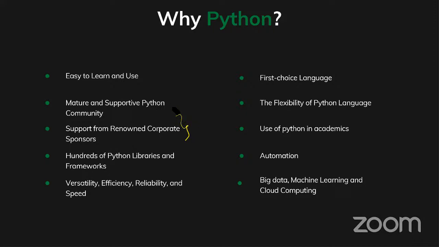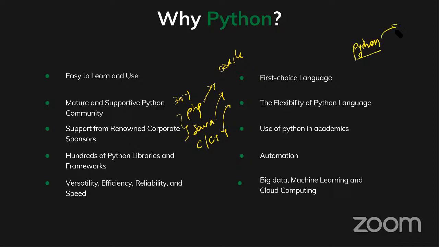Second important thing, apart from it being 30 plus years, it has support from top leaders now. Once upon a time, PHP, Java, C, C++ were backed by top companies. Like, let's say PHP was backed by Oracle, or let's say Java was a huge thing in some of the top companies, right? So nowadays, Python is hugely backed by Facebook, Amazon's AWS, and Google.